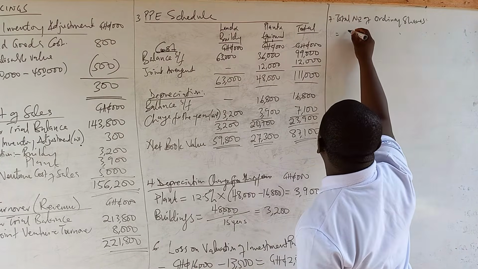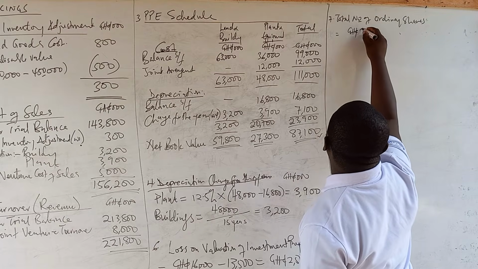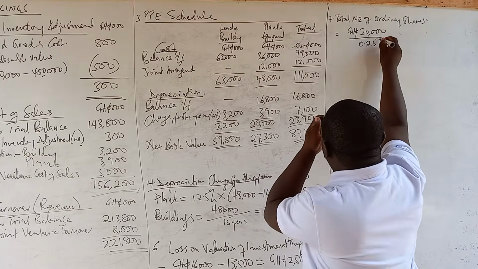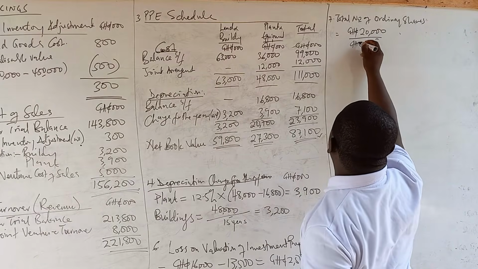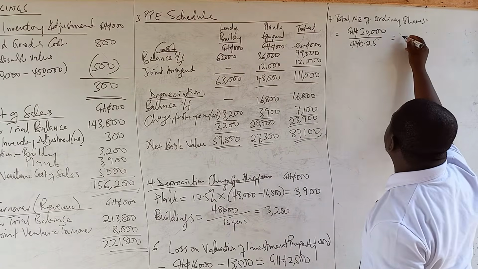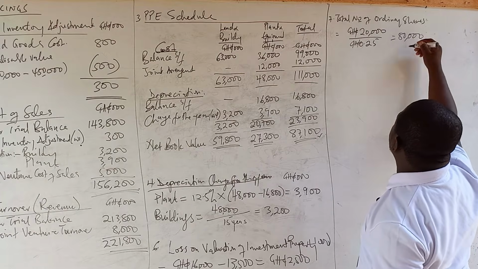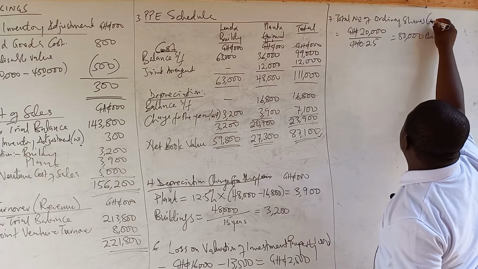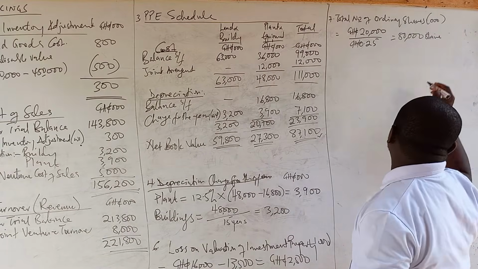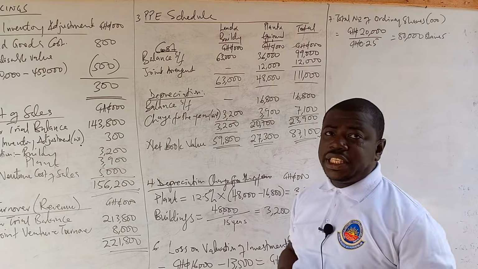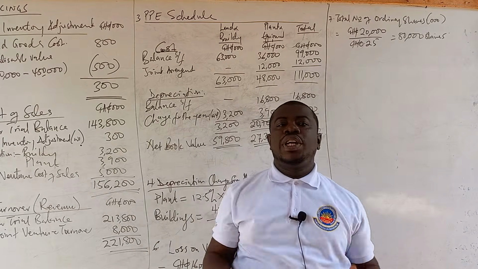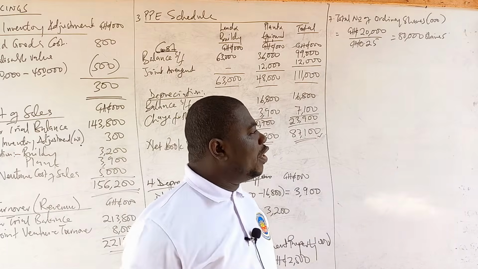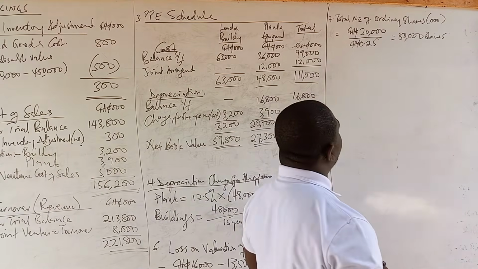And that is going to be 20,000 divided by 25 pesos, which is 0.25 Ghana cedis. And that is going to give us 80,000 shares. Remember that 3 zeros are up. Okay, so we have a total of 80,000 shares. So now that we have a total of 80,000 shares, we are told that the dividend was paid at 4 pesos per share.